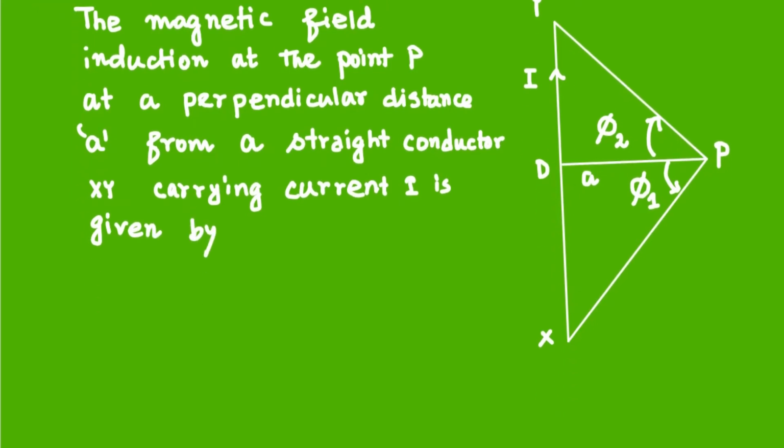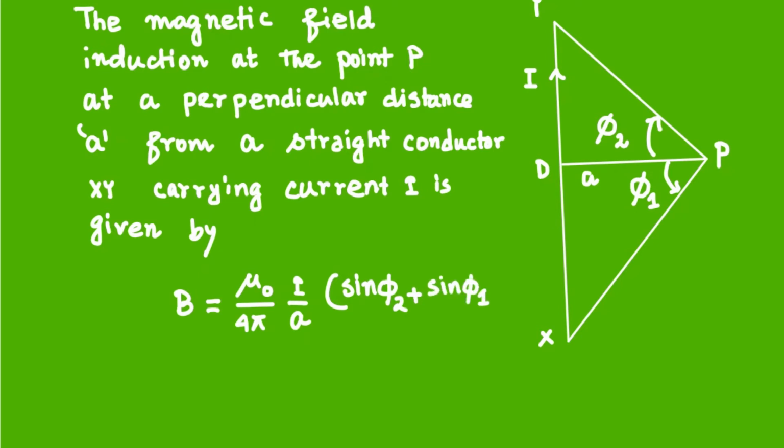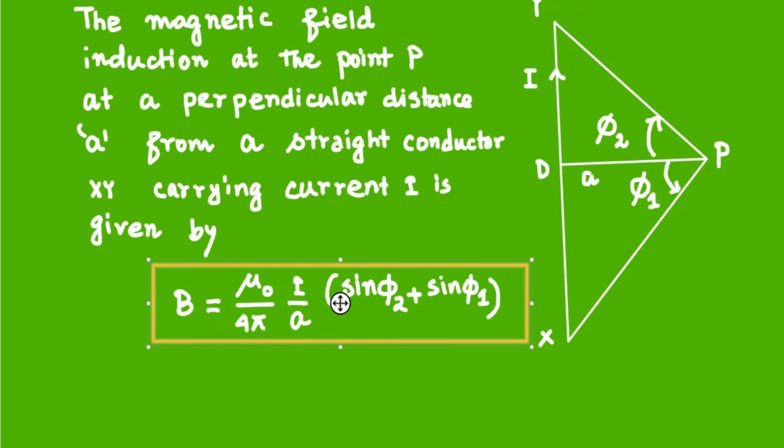B equal mu 0 by 4 pi, I by A, bracket sin phi 2 plus sin phi 1, bracket closed, which is equation 1.